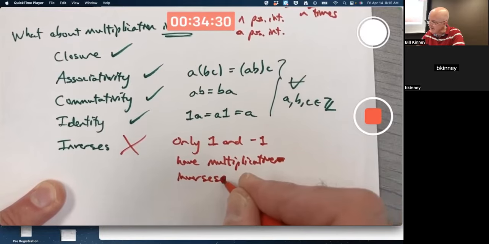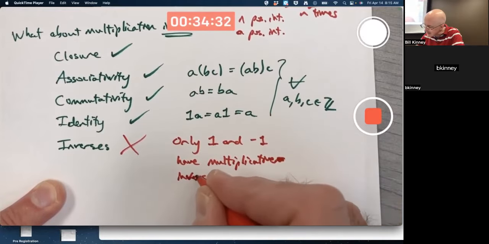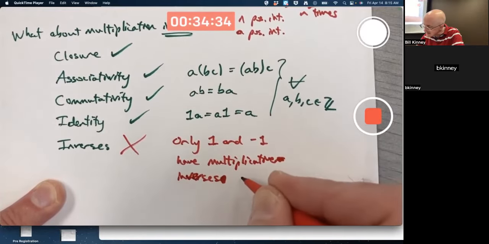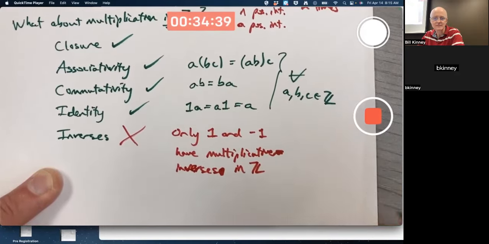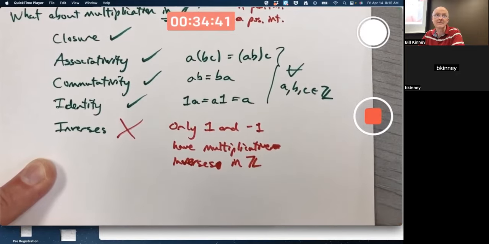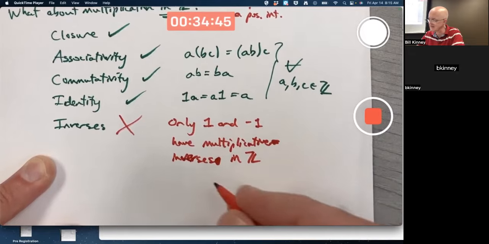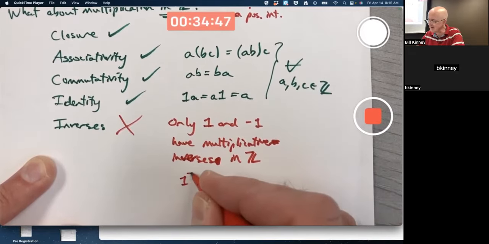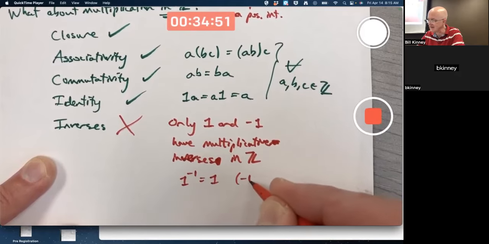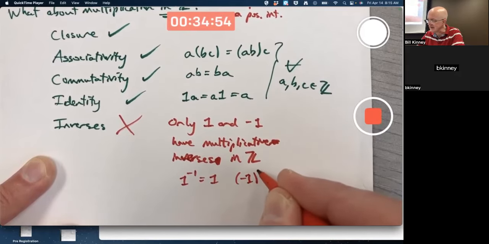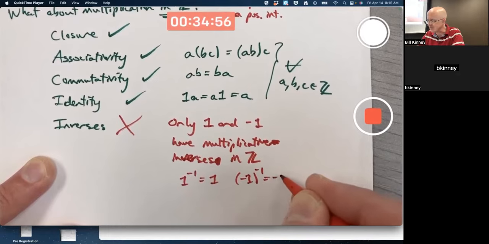I cannot spell today. Sorry that my writing's so small sometimes. Inverses in Z themselves, right? Multiplicative inverse of 1 is itself. Multiplicative inverse of -1 is itself. Yes, 1 to the -1 power is 1, and -1 to the -1 power is also -1.